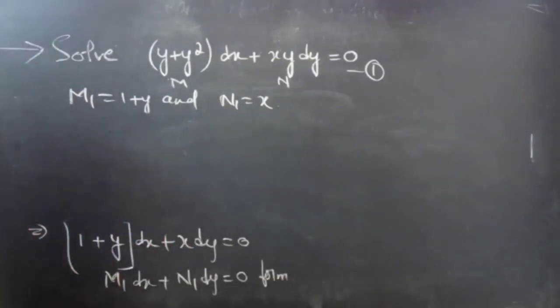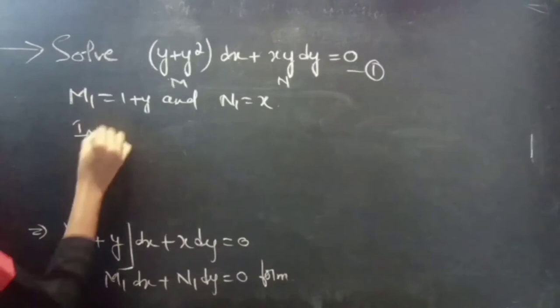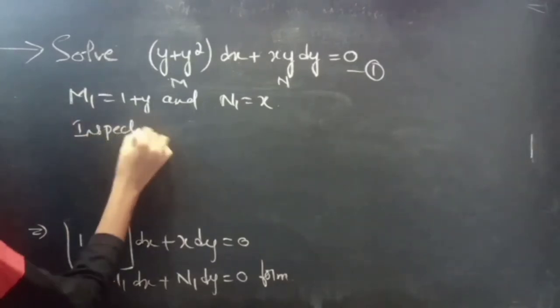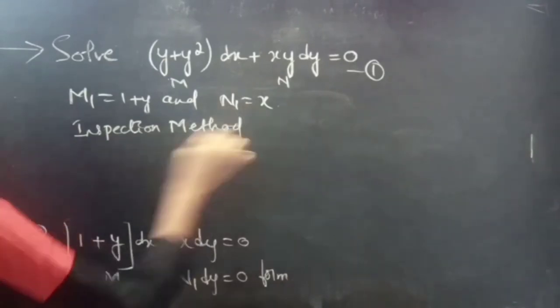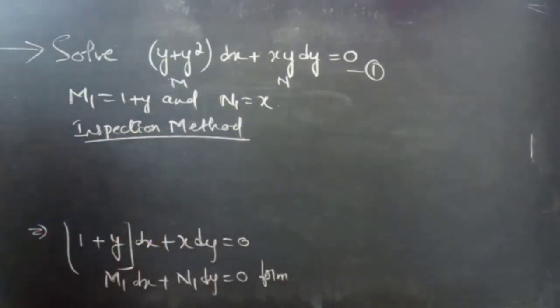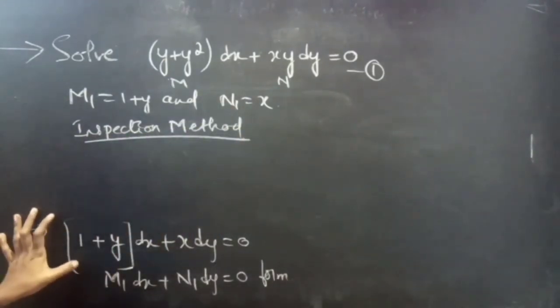Firstly, we'll see the inspection method. So this is the reduced form of 2.